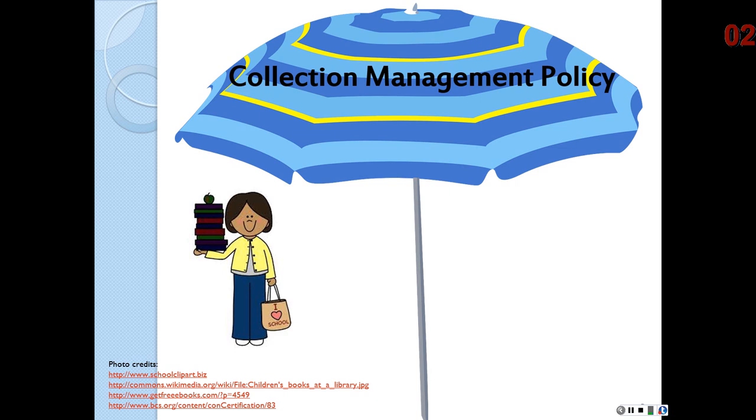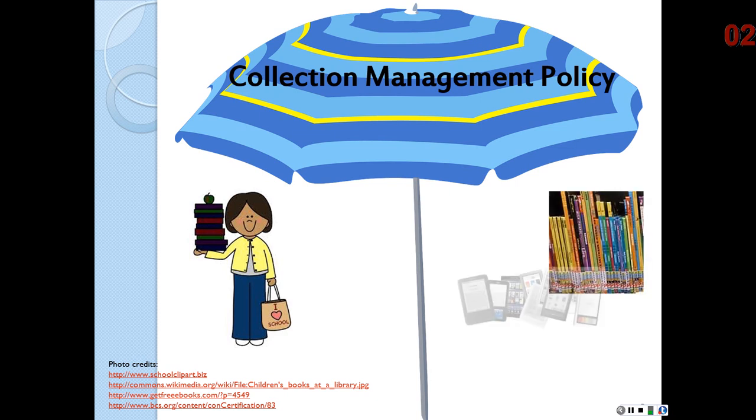The collection management policy should also be clear about the types of resources that will be purchased. Formats included should be accessible to the students and helpful for supporting the learning and creating activities of the students and teachers. The collection management policy should indicate whether devices for accessing and using electronic resources will be purchased as well.